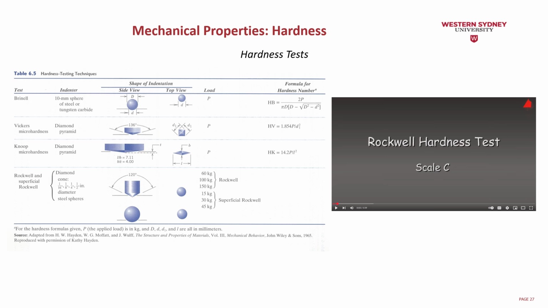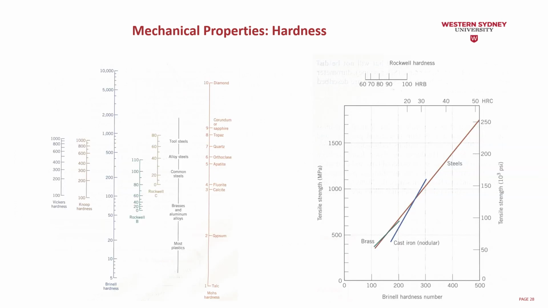You can see that the Rockwell and the superficial Rockwell are mainly similar to the Brinell test. Once again, the Rockwell hardness test can be checked in another video, and you can watch it yourself.